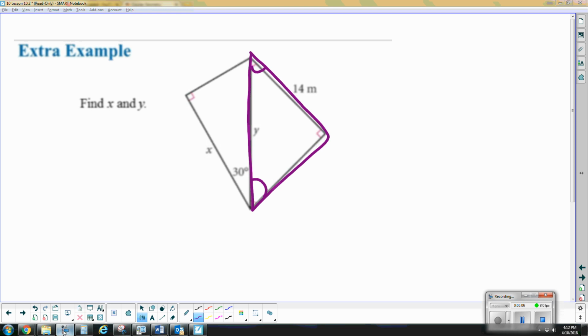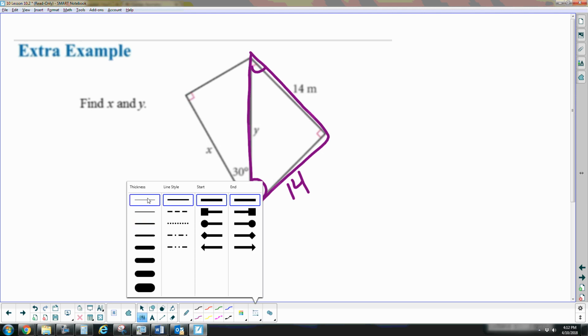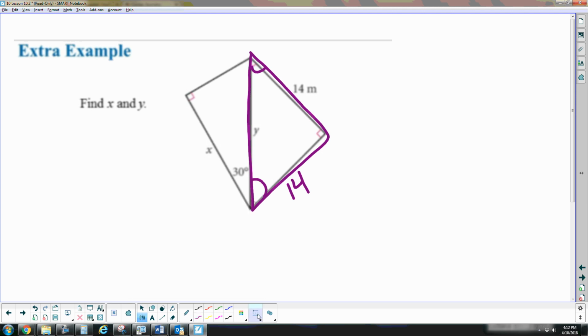So looking at this 45, 45, 90, we know that this side is also 14 meters because it's an isosceles triangle. So if the base angles are congruent, then the sides are congruent. And the relationship between the hypotenuse and the legs in an isosceles right triangle is the length of the side times the square root of 2.